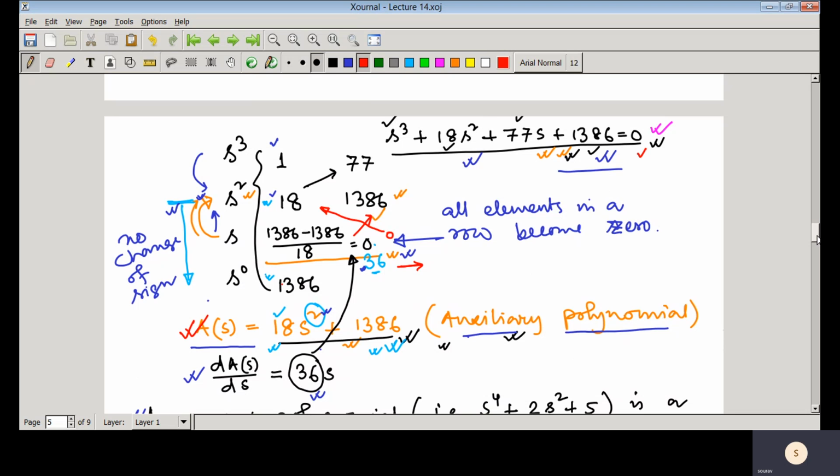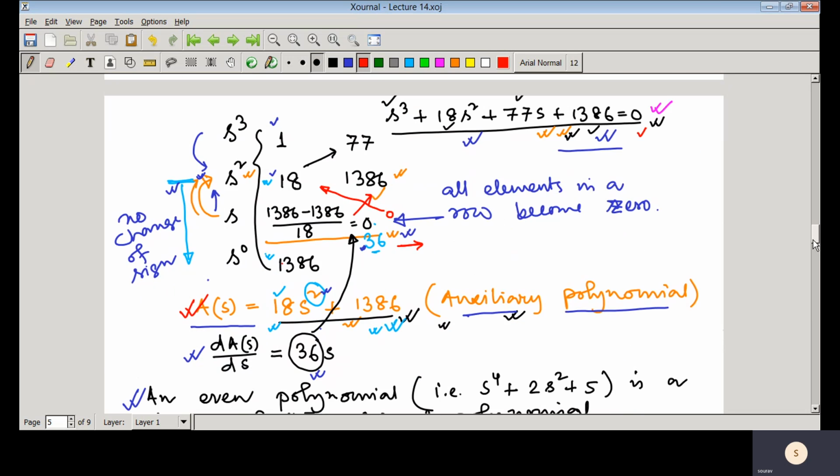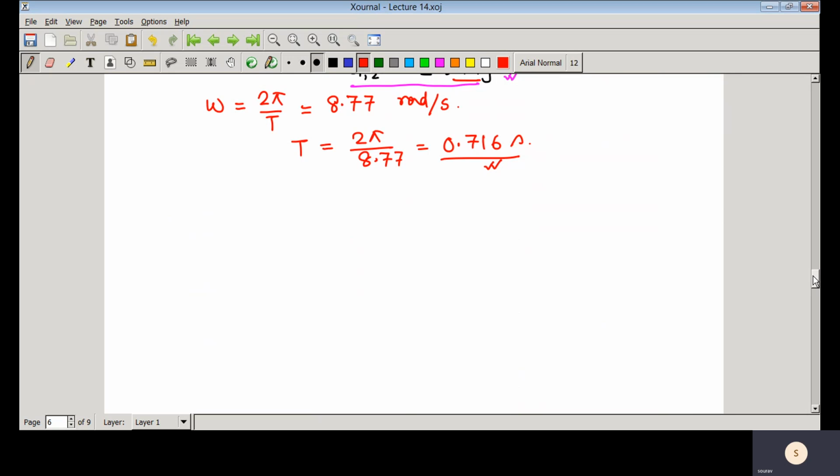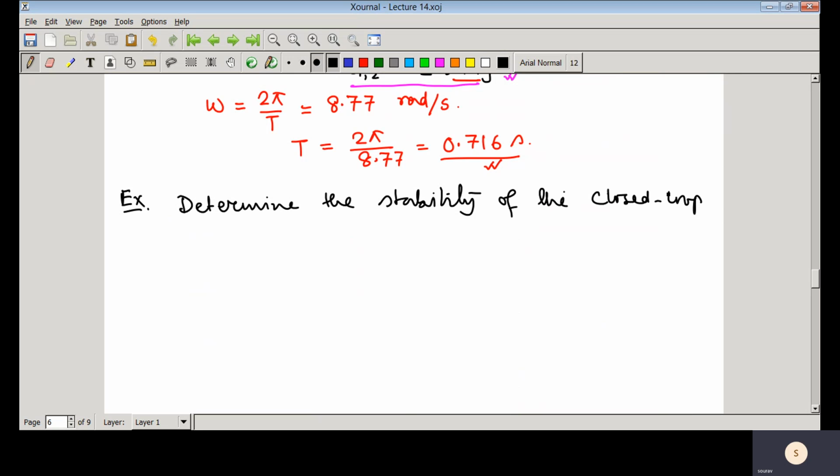So let us take one more example. What happens if we determine the stability of the closed loop transfer function?